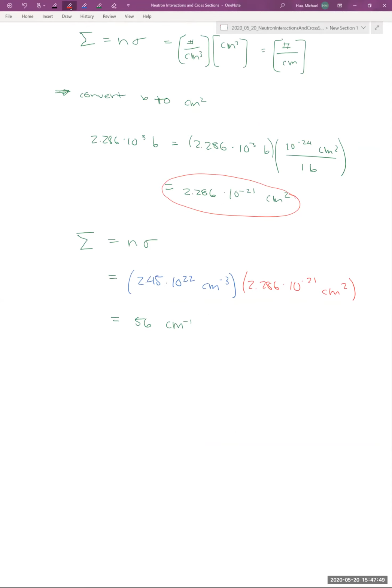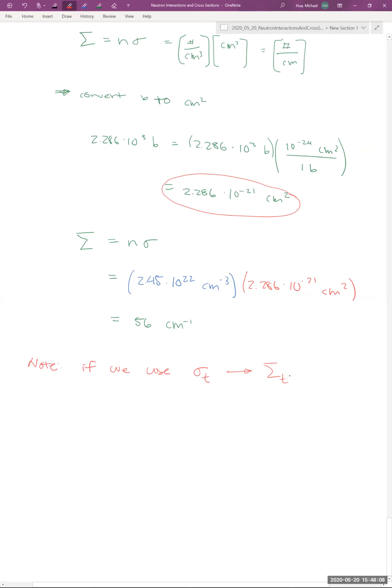So what I'll note is if we use the total microscopic cross-section, then we get the total macroscopic cross-section.